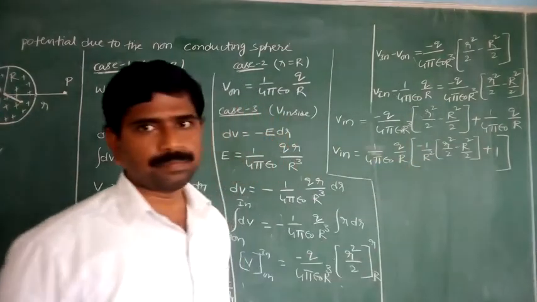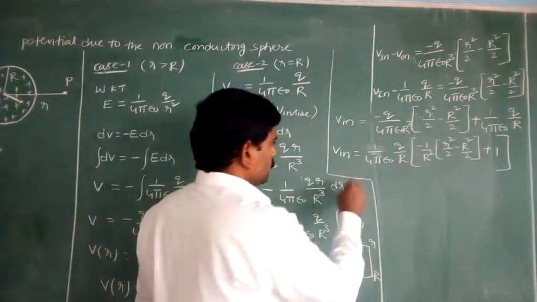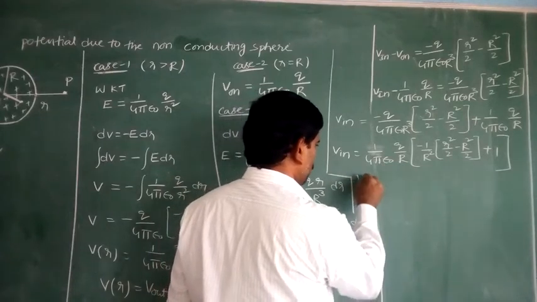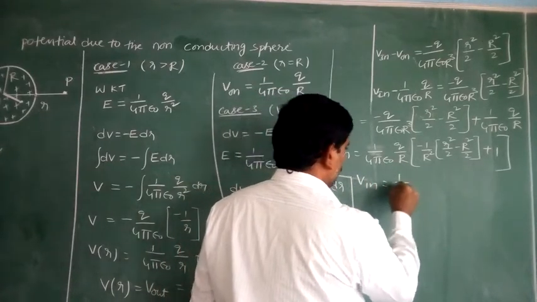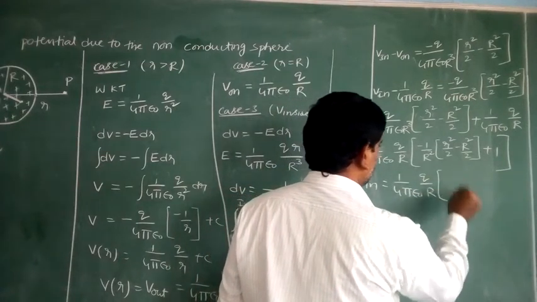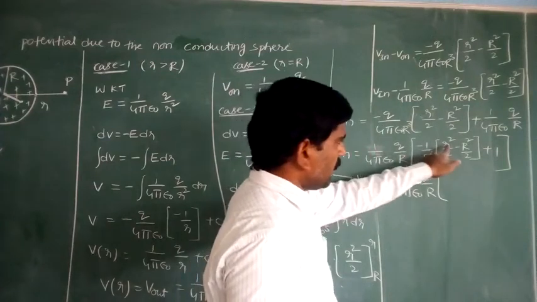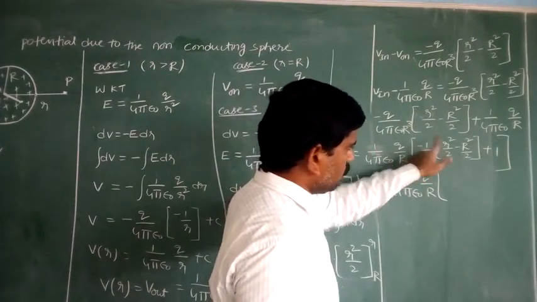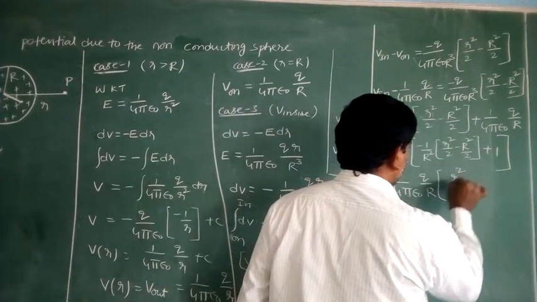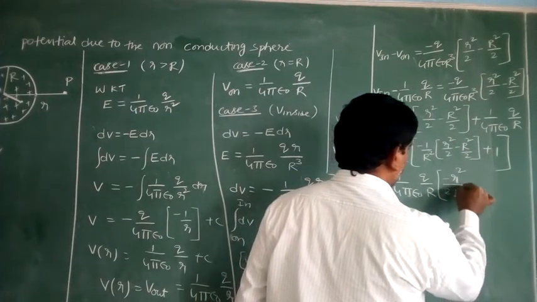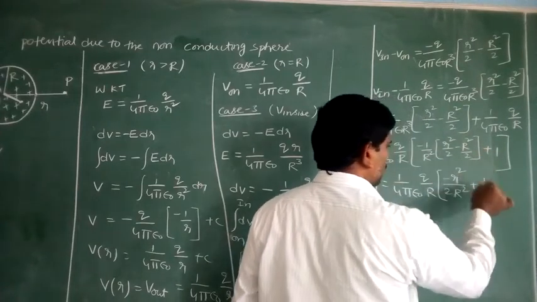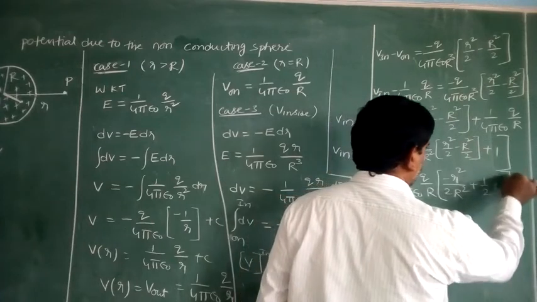So V inside is equal to 1 by 4 pi epsilon naught into q by capital R into minus r square by 2 capital R square, minus of minus, plus 1 by 2, plus 1.